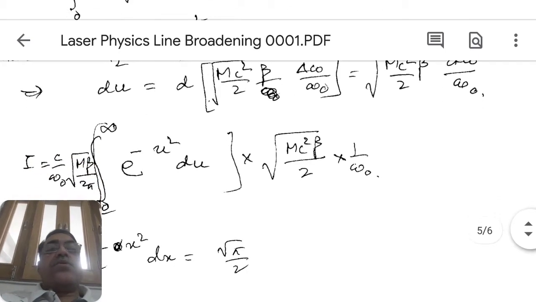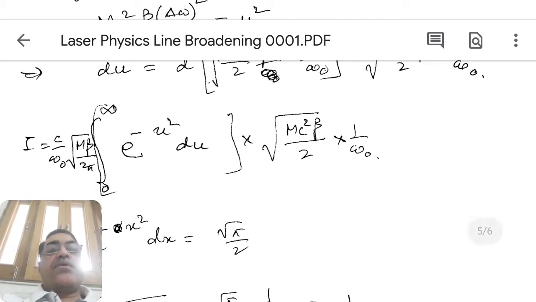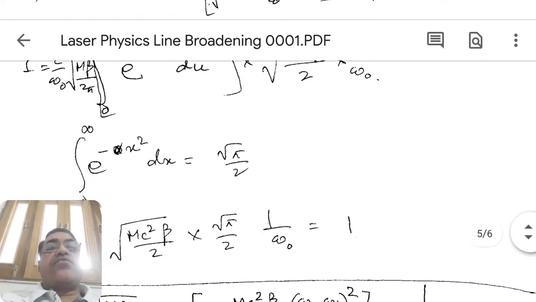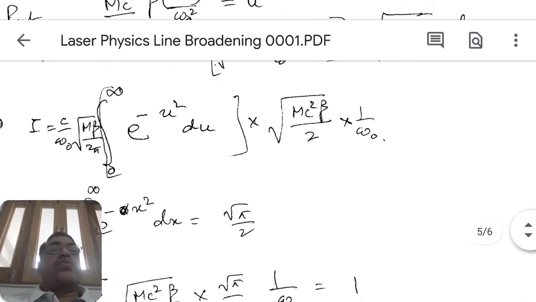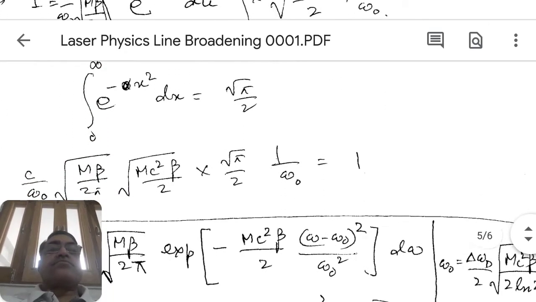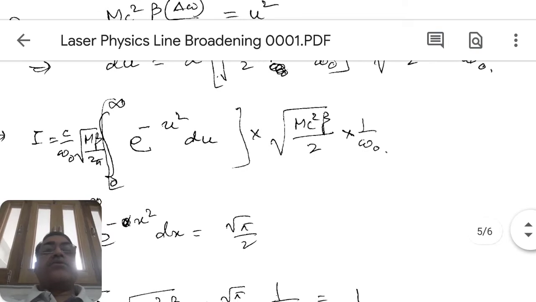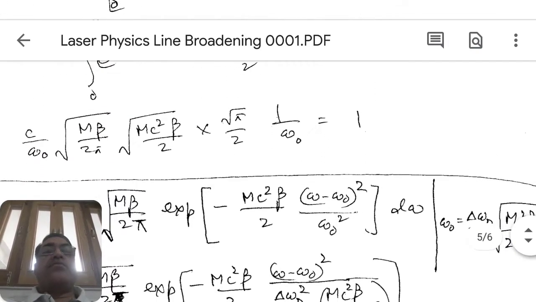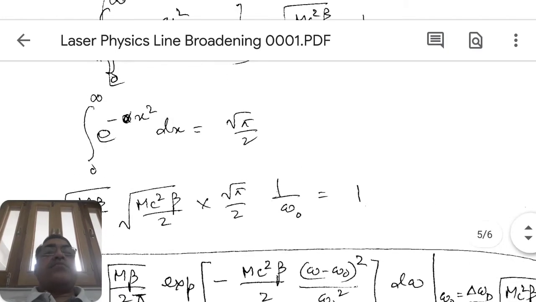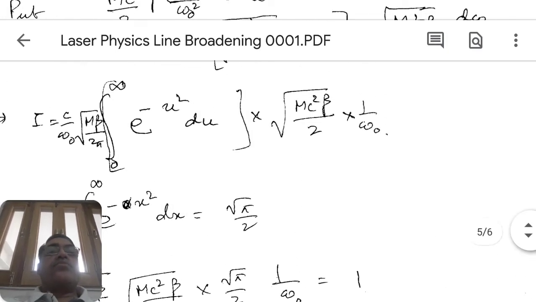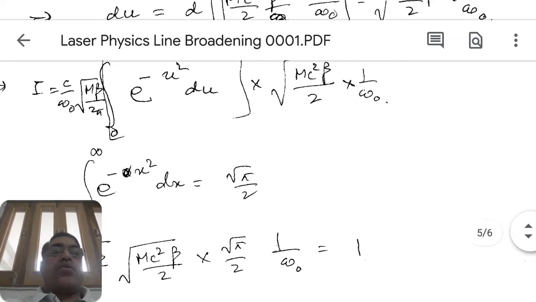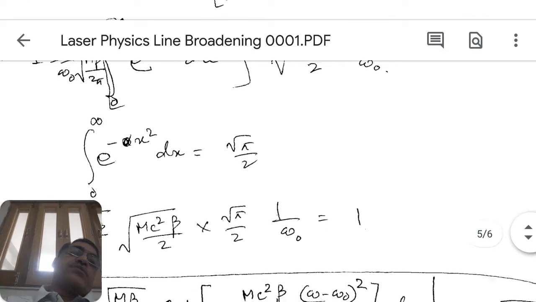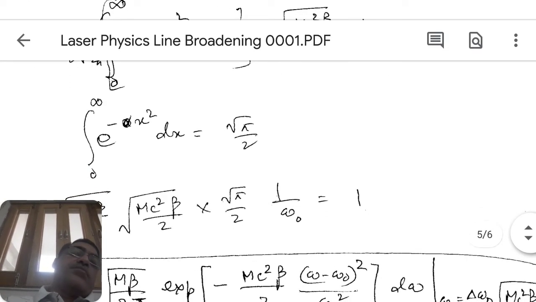So you know that this property gives us the integral of e raised to minus x square dx is equal to root pi by 2. So I obtain c by omega naught under root of m beta by 2 pi into under root of m c square beta by 2 into under root pi by 2, because this gives under root of pi by 2.